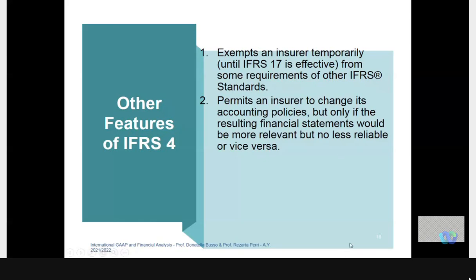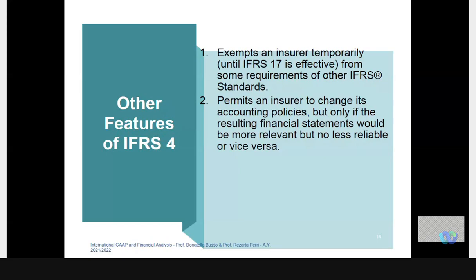You have to apply the valuation rules and accounting rules in a consistent manner, with only one exception: if you change the rules for accounting, this will happen only if you provide more accurate and reliable financial statements and financial information. If you change the accounting rules and they do not result in more qualitative financial statements, don't do that.